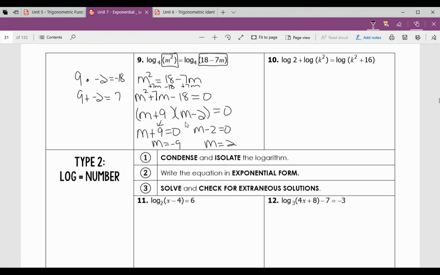So I took my first factor, my second factor, set them equal to 0, and solved them. Now I have to decide, can I keep both answers? Do I keep one and throw the other one away, or do I have to throw them both out? Those are your options. Keep them both, keep one, keep none.